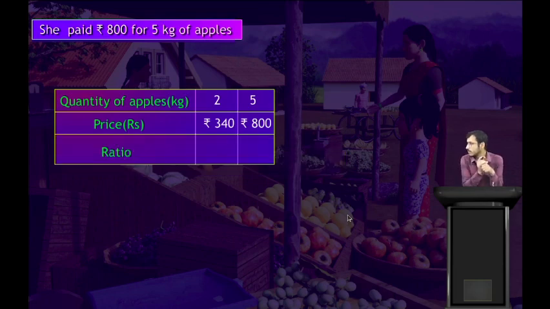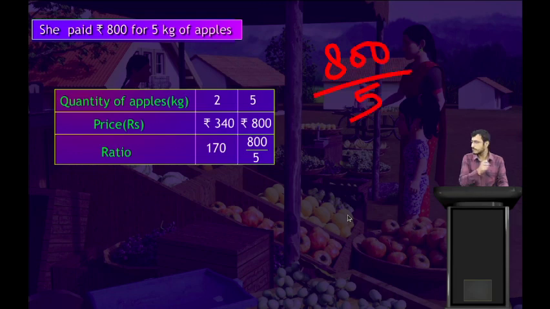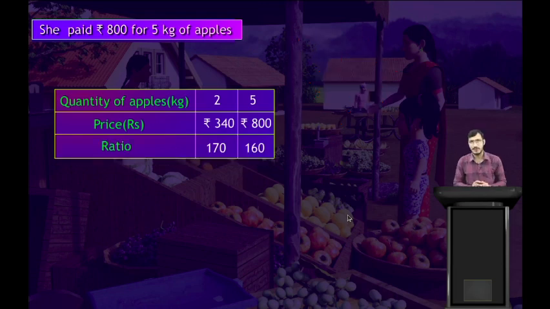The ratio between quantity and price: here 340 by 2, that will be equal to 170. And the second one, 800 by 5, that will be equal to 160.